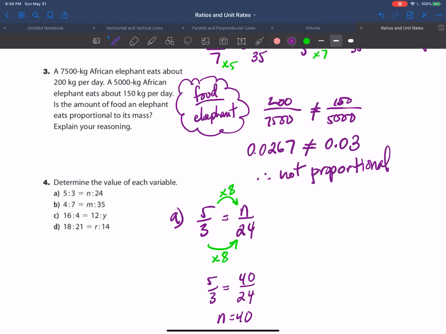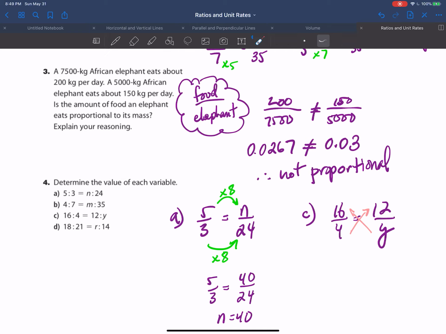Okay, so I'm going to skip B and go to C. Another way to do this, especially since this isn't so easy to say, okay, 16 times what would be 12, or 12 times something is 16. It's not so easy to figure out how I would go back and forth between it. So here we're going to use cross multiplication, which again we've covered before. It's called cross because we cross over the equal sign.